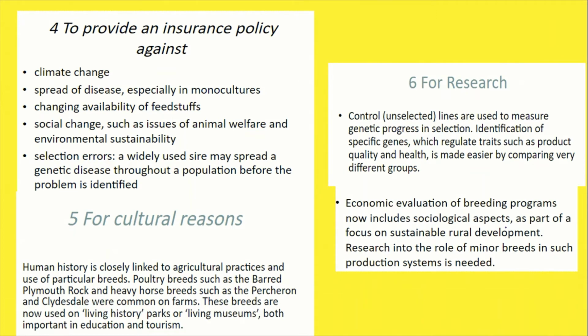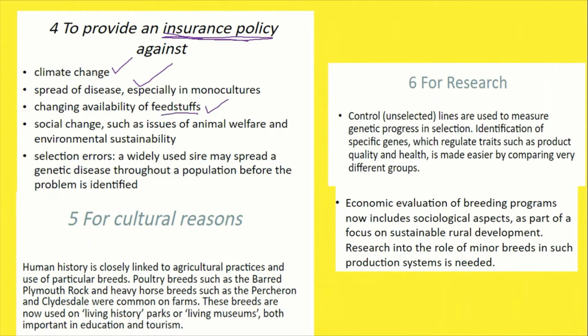It also helps us provide an insurance policy. I have kind of mentioned this, we all need insurance in one way or another because of eventualities that are not known. So we are able to provide an insurance policy when we conserve genetic resources through situations of climate change, spread of disease, and changing availability of feedstuff.